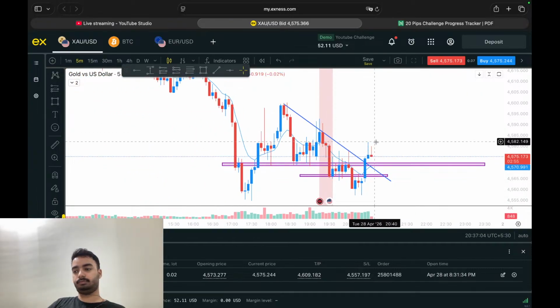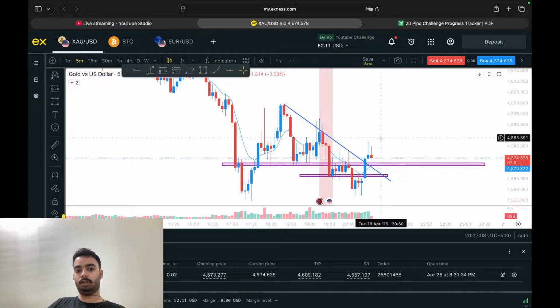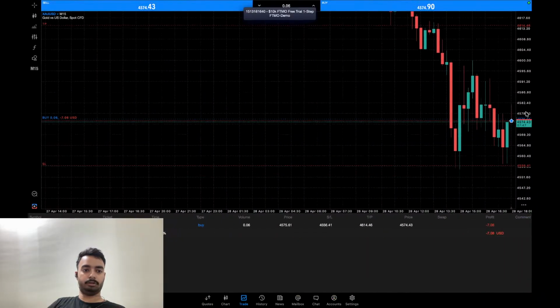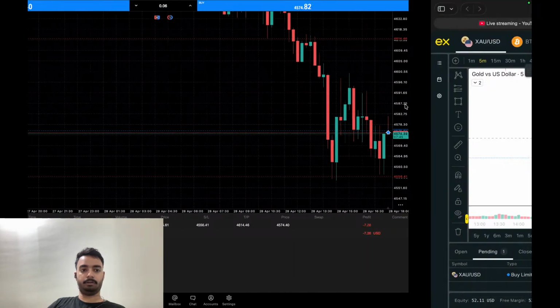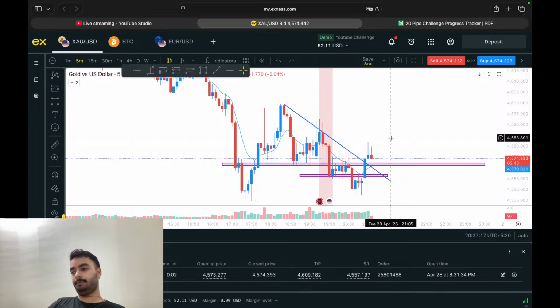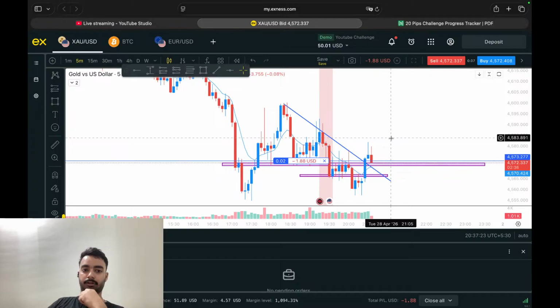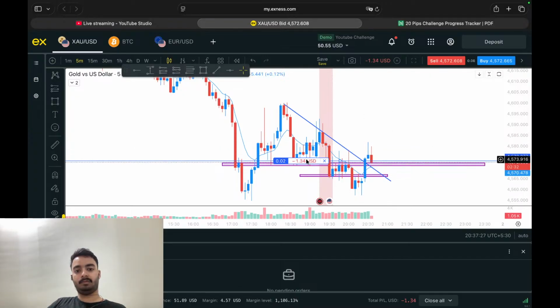Also, even though this setup looks very good, I won't hold it much because there are constant levels of resistance here. If price even breaks one resistance, it will face another resistance up. So that can incur losses on our account.